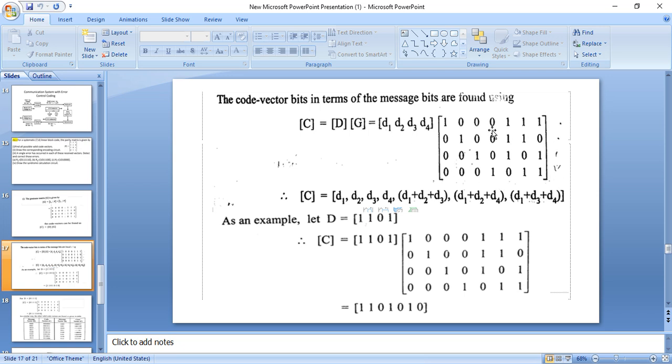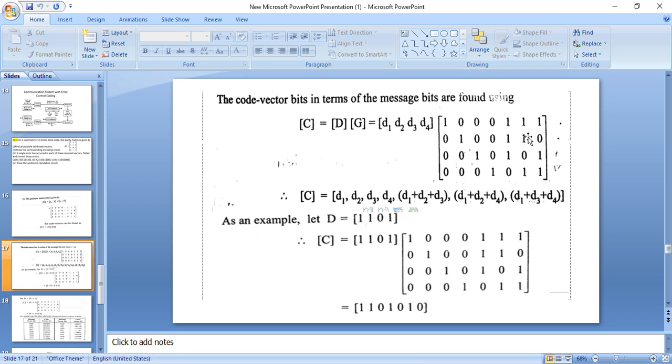It must be multiplied. Also we can say modulo-2 addition, as we are multiplying the matrix row into column wise. So what is the answer? D1 into 1, then the rest all 0. So D1, D2, D3, D4, then here D1 plus D2 plus D3.